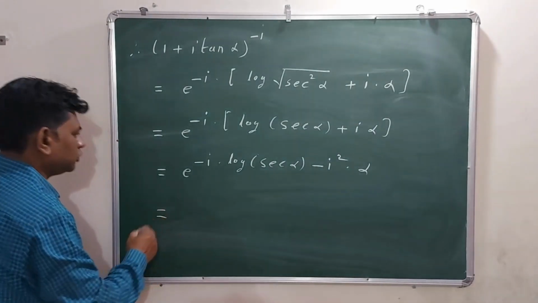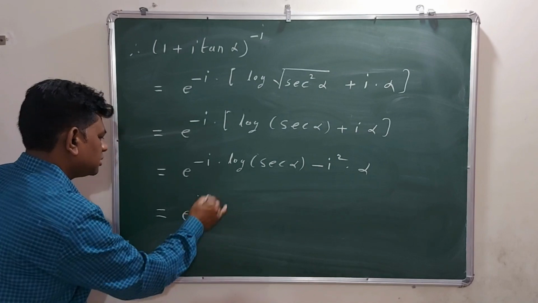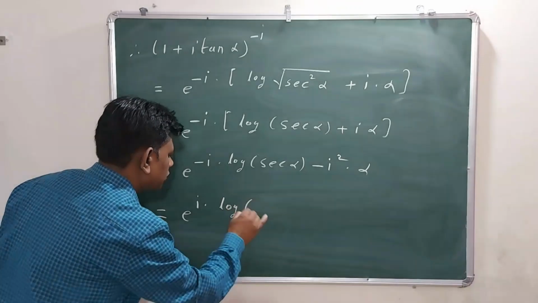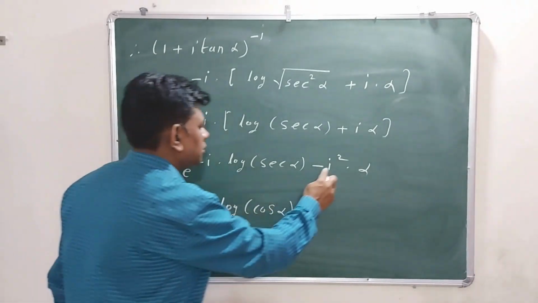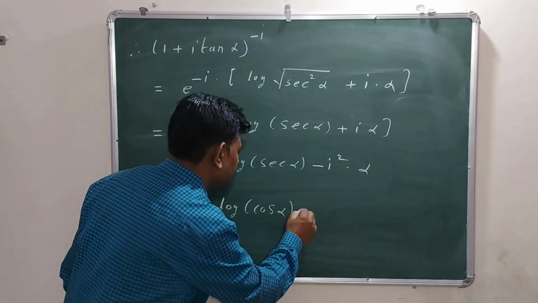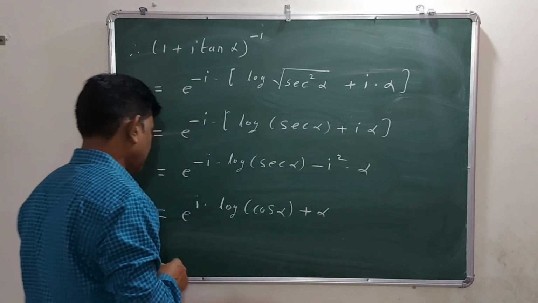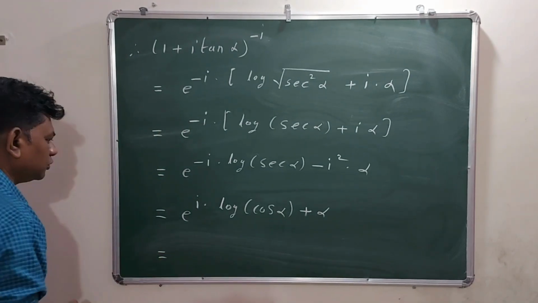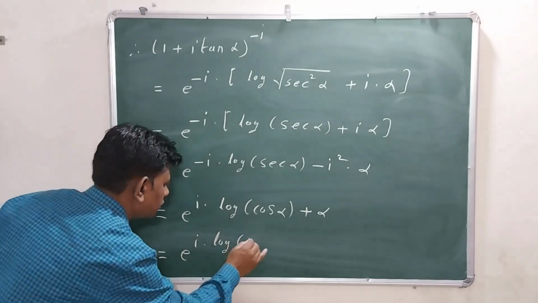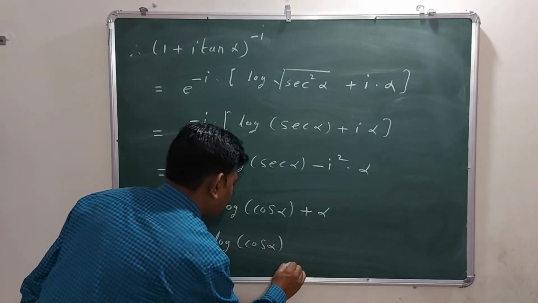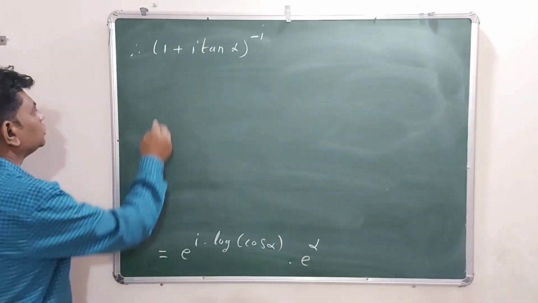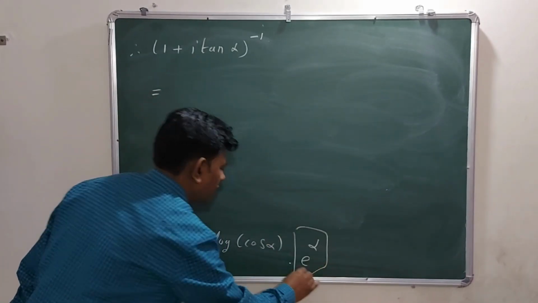Now this is equal to e to the power i times log of cos alpha, since minus log sec alpha is log of cos alpha, and minus i square, where i square is minus 1, is plus 1, so plus alpha. Now this is equal to e to the power i times log of cos alpha times e to the power alpha.